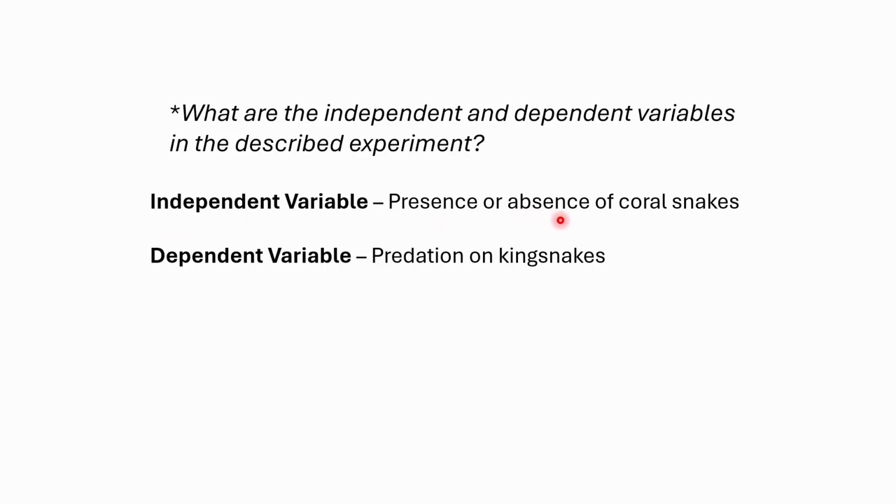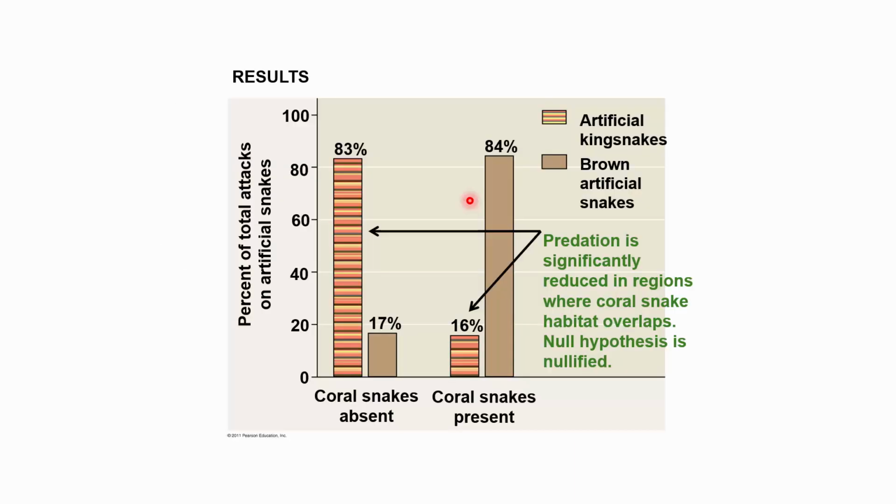So it's not whether or not our fake snakes are colored or not, because that didn't have anything to do with the hypothesis. The hypothesis had to do with presence or absence of coral snakes. And so what the experimenters controlled was the habitats that they put these fake snakes in, equal numbers of brown and striped artificial snakes in both areas where there is no coral snake and where there is coral snake.